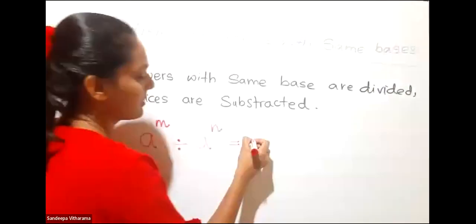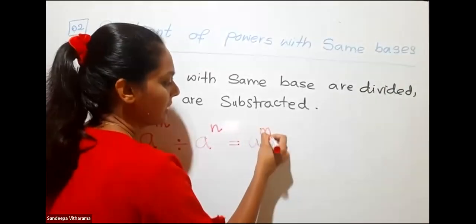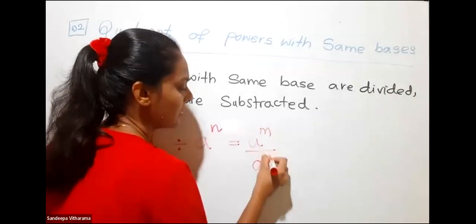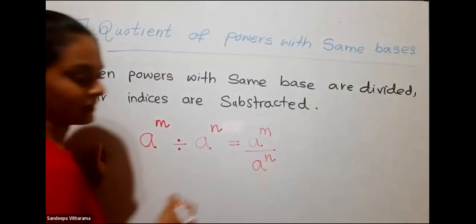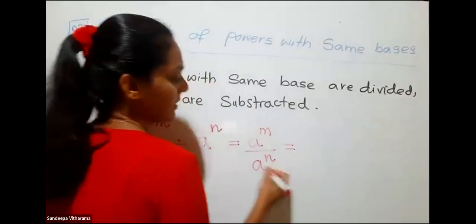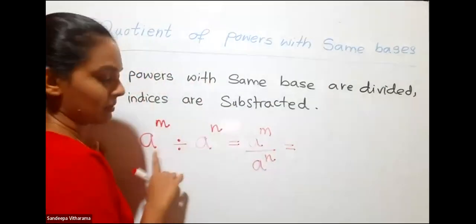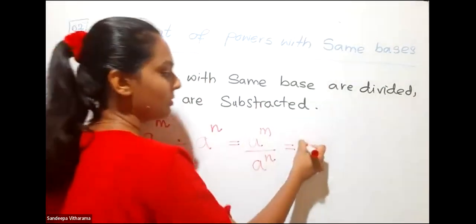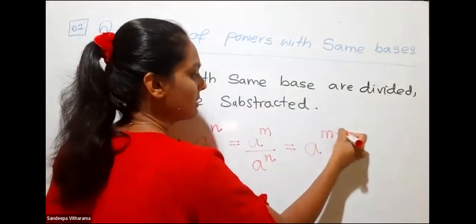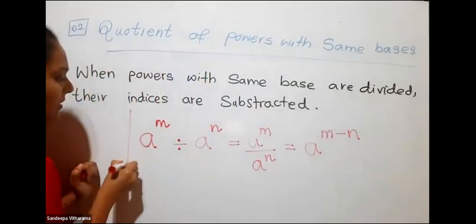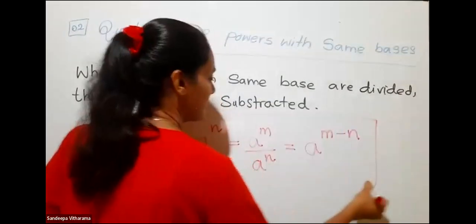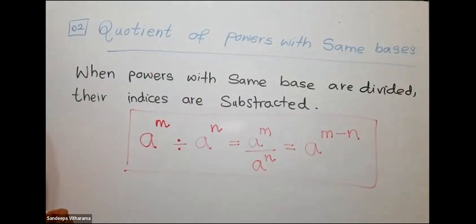Likewise, we can write a to the power of m upon a to the power of n, and this can be written with indices as m subtract n. This is one way of expressing the division or the quotient of powers with same base.